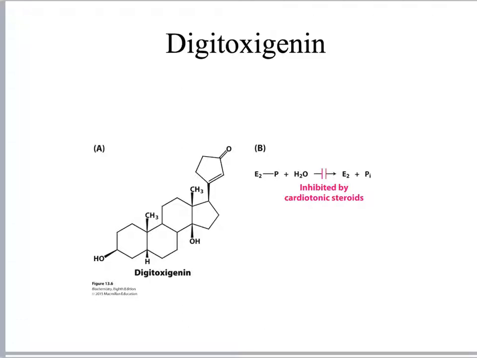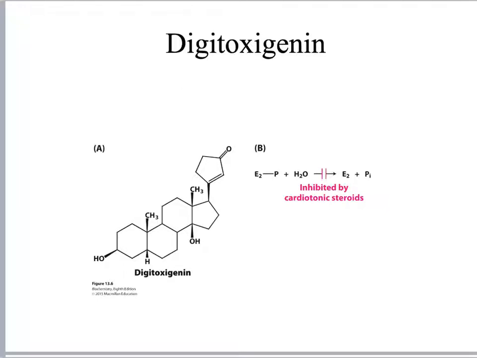And a decrease in the sodium gradient will result in slower removal of calcium from the cell, because we'll see that all of these pumps are interrelated. If we end up with an increase in calcium, it's not removed from the cell as quickly, and that enhances contractility of muscle. So if we're looking at heart muscle, we're going to have better contraction of heart muscle here.